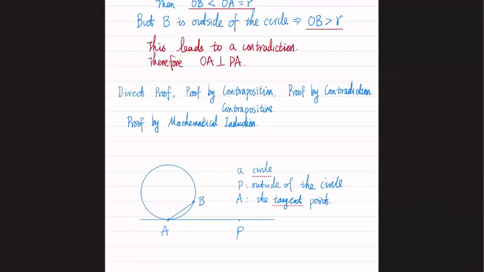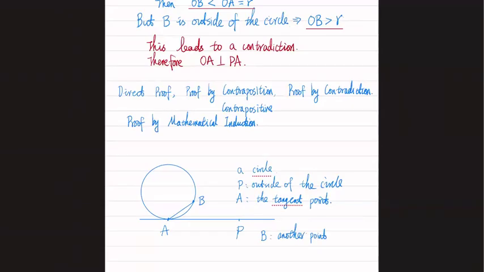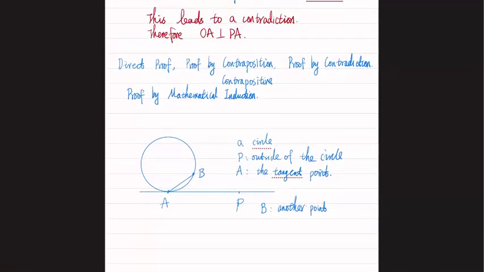B is another point on the circle. Okay, so now we have another angle here, angle BAP. Find the center. We connect this.